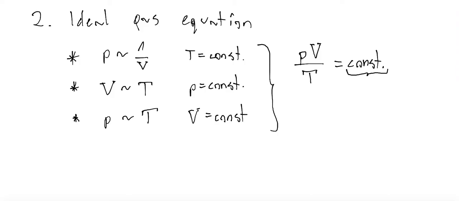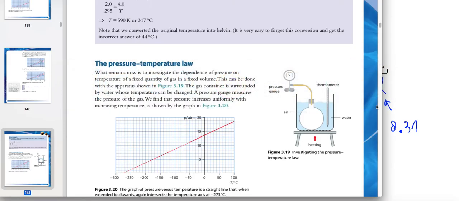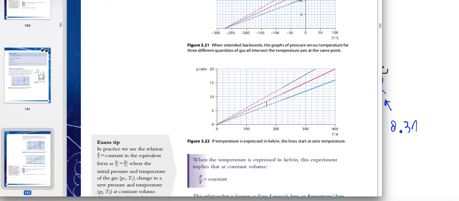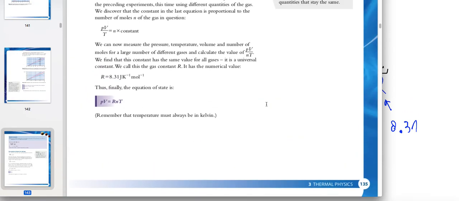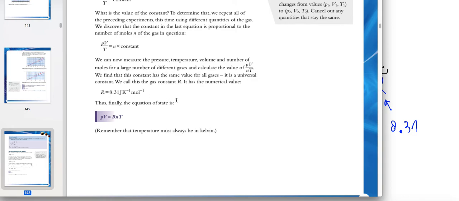This constant is n, the number of moles, multiplied by another constant called the gas constant. The gas constant has the symbol R, and the value is given in your data booklet and is equal to 8.31 in standard units, but let me check, it should be given in your Tsokos. Yes, 8.31 joules per kelvin per mole.